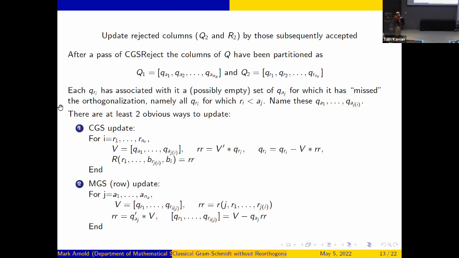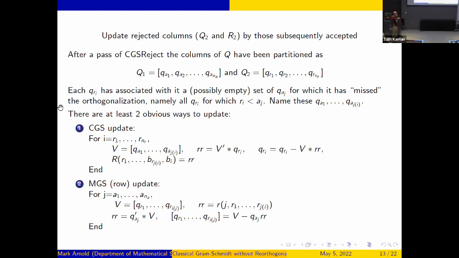So there's a couple different ways to do that. We could just collect these accepted columns that satisfy this index inequality and then do a classic Gram-Schmidt step. So again, I'm computing the R, and this would be the S vector. And this is the projection onto the orthogonal complement of this set of accepted vectors. And then I have to update the R matrix.